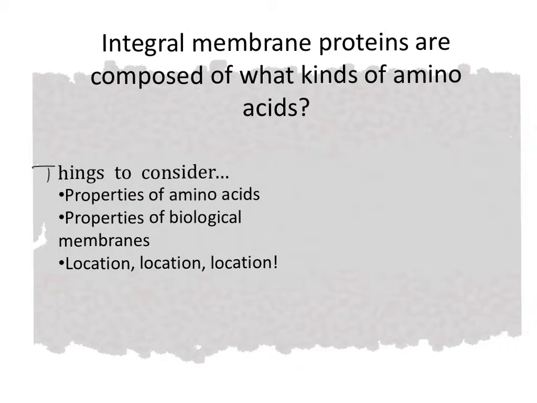I'm going to use this as a little example. Let's say that we've got a protein right here. It's an integral protein. There's a part of it that's out here on the outside. It transverses. That's a really crappy looking alpha helix, I guess. And then it comes back out. Something like that.